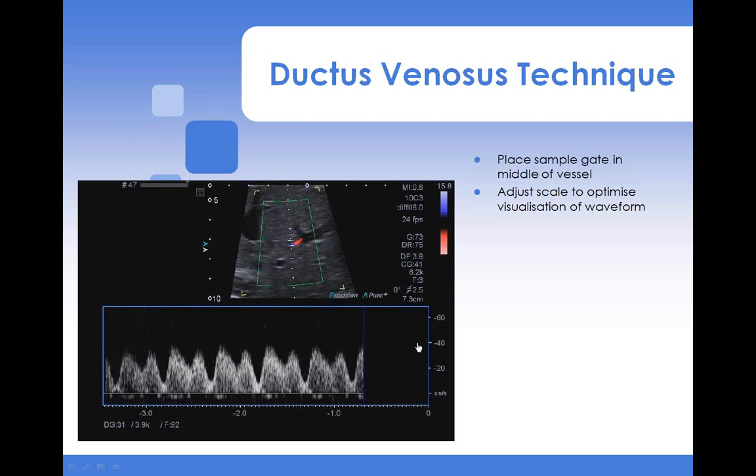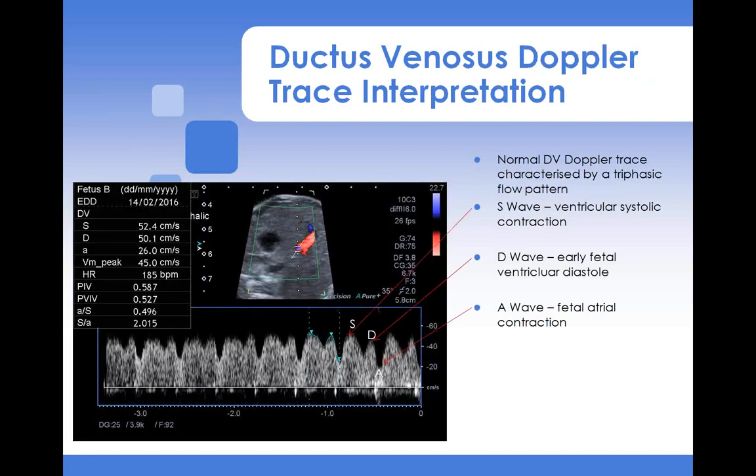So let's have a look at some ductus venosus trace interpretation. The normal ductus venosus Doppler trace is characterized by a triphasic flow pattern. So we have the first peak, which is the S wave, representing the ventricular systolic contraction. We have the second peak, the D wave, which is the early fetal ventricular diastole, and the A wave is the fetal atrial contraction.